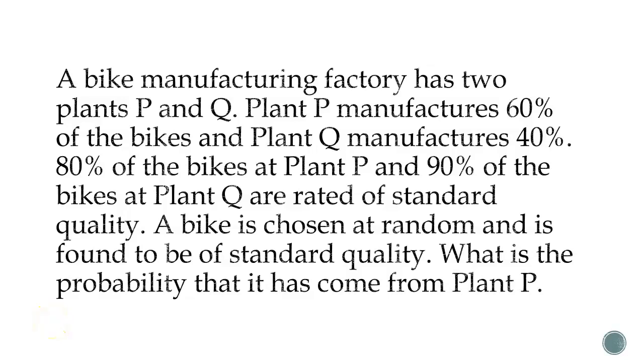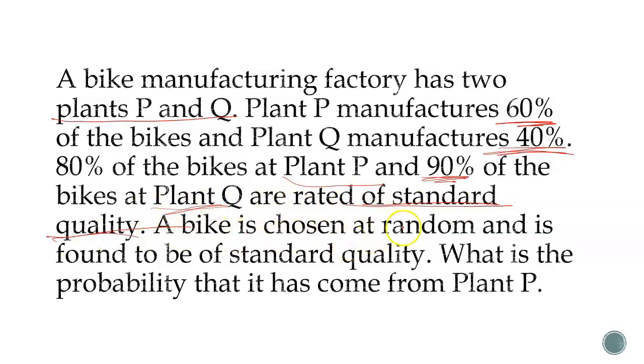Okay, so the second question we looked at was: a bike manufacturing company has two plants, P and Q. Plant P manufactures 60% of the bikes and plant Q manufactures 40% of the bikes. 80% of the bikes at plant P are of standard quality, and 90% of the bikes at plant Q are of standard quality.